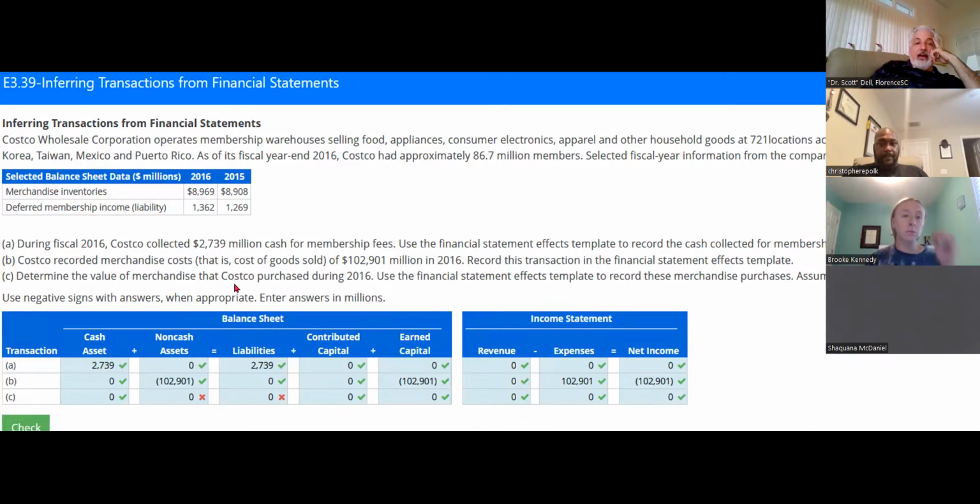Now determine the value of merchandise that Costco purchased during 2016. Remember that T account analysis we went through? We're going to do that again. So I'm going to annotate on this screen right here and create a T account.